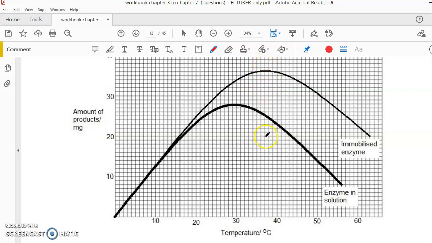For the immobilized enzyme at higher temperature, it produces more product compared to enzyme in solution, whereby for enzyme in solution the optimum temperature is about 30, and the amount of product is lesser than the amount of product produced by the immobilized enzyme. So after you identify and interpret, now you need to write in a proper way.